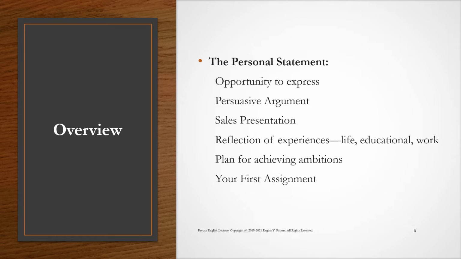And so the personal statement allows you to begin the idea of planning for achieving your ambitions. If you later want to become, say, an actor or actress, that's still going to take a plan for achieving that. You're going to have to get some pictures made, right? That means you have to develop a portfolio.